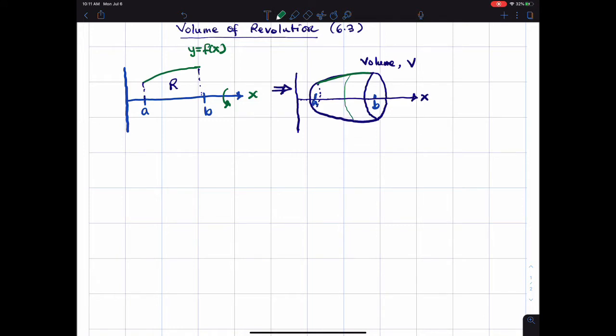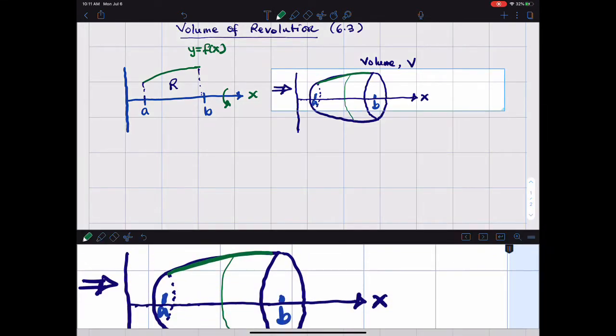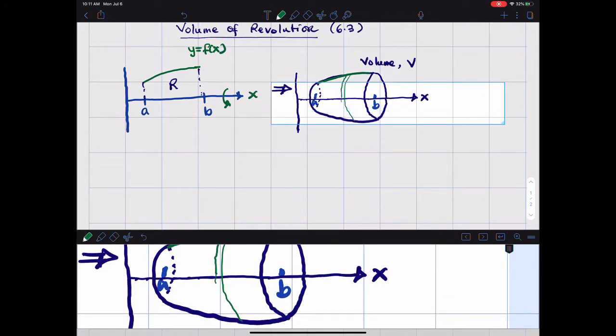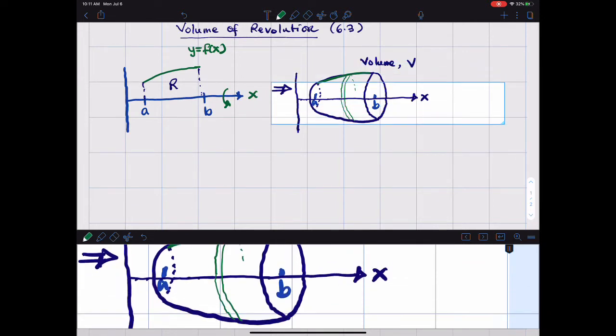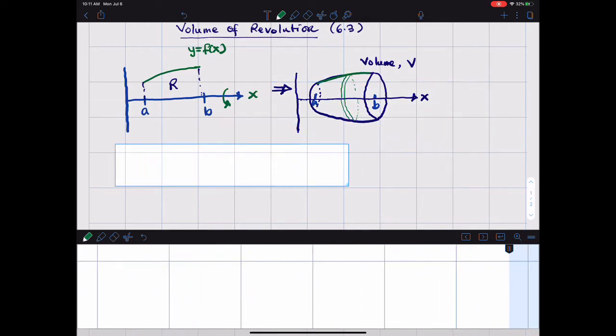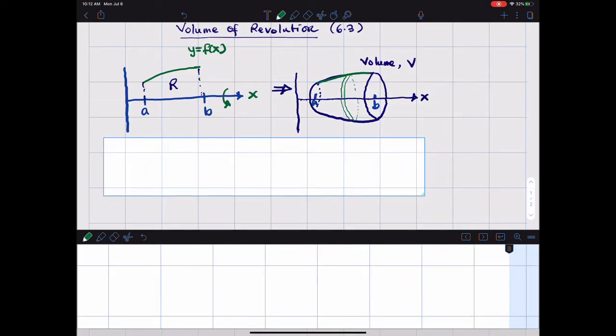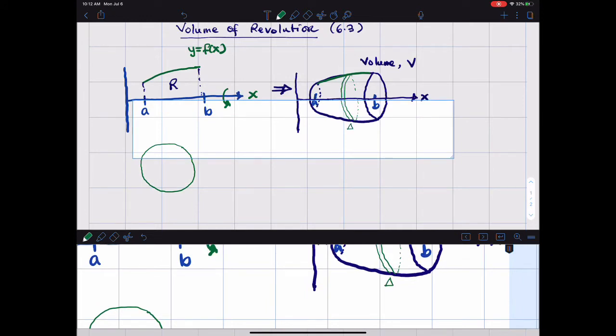Okay, so get a slice, a very tiny slice. So if we get this slice, we end up with maybe a circle, a disc actually, because it's going to have a thickness. The thickness of the disc is going to be, let's call it delta x.